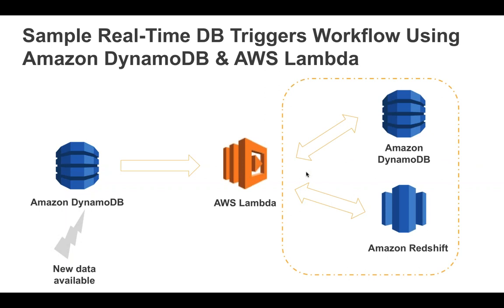Let's say we've got a table of customer data, and we want to have a separate index maintained of some particular function. Maybe we're modifying it or transforming it, and so we use Lambda to create that. Maybe it's even in a different Amazon DynamoDB table, or even in a different region.